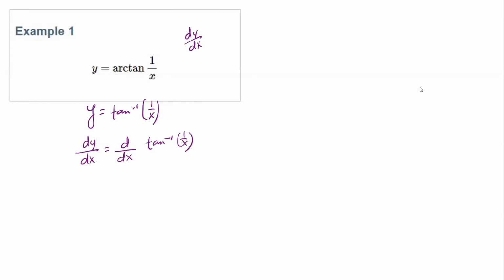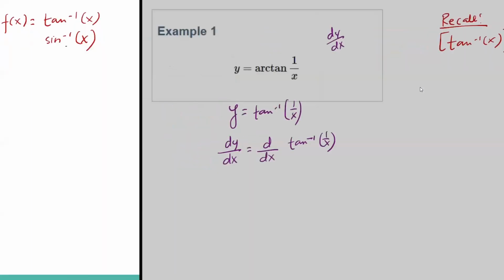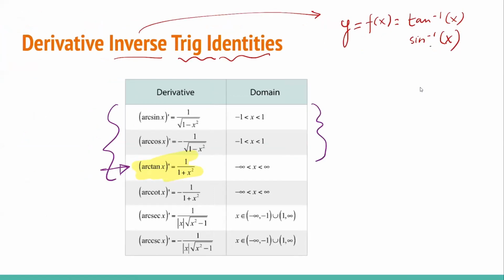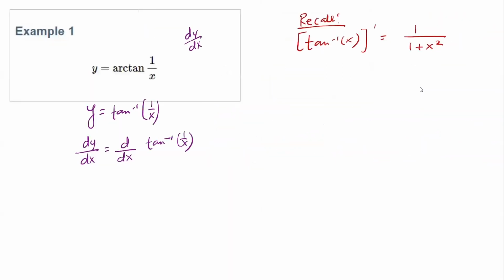Let's recall the formula: the derivative of tan inverse of x is 1 over 1 plus x squared. You can also verify this over here. Writing arctangent is the same as writing tan to the power -1, so this is equivalent to writing tan inverse 1 over x. Just notice the arc keyword in the front and the -1 on the top.